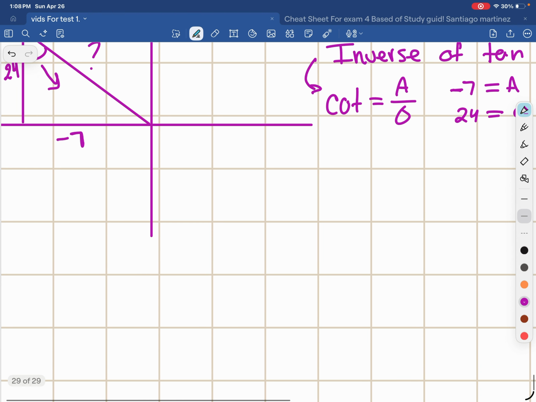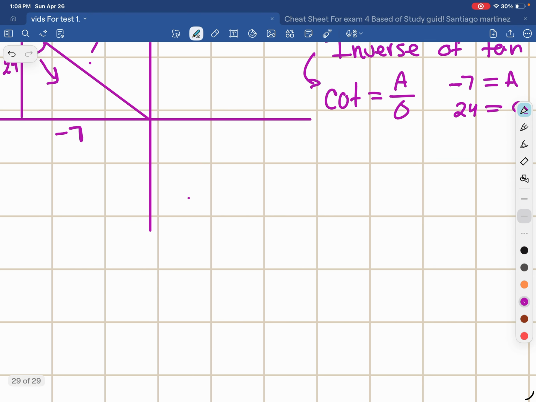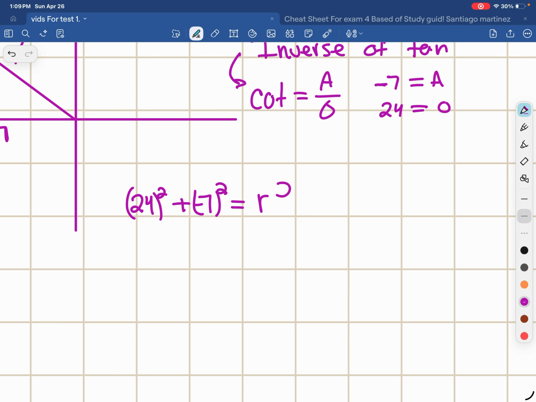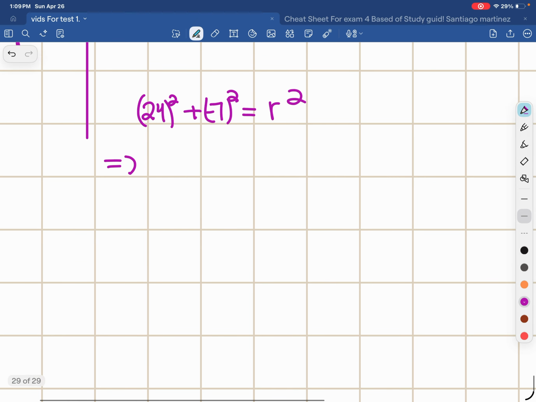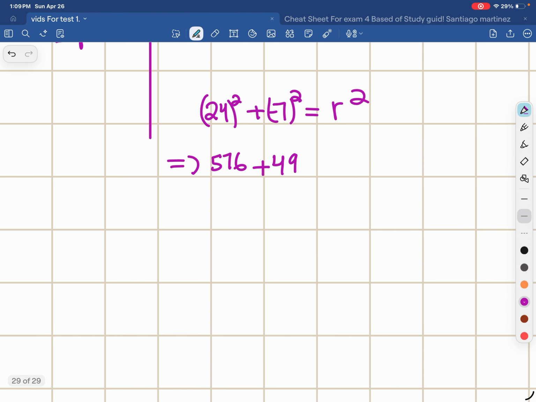So going off that information, we can use the Pythagorean theorem again: 24 squared plus -7 squared equals r squared. Nice. So now we're going to solve. We know that 7 squared is 49 positive, and we know that 24 squared will be 576. If you don't know that, you can sit to the side and multiply it out to get your answer.